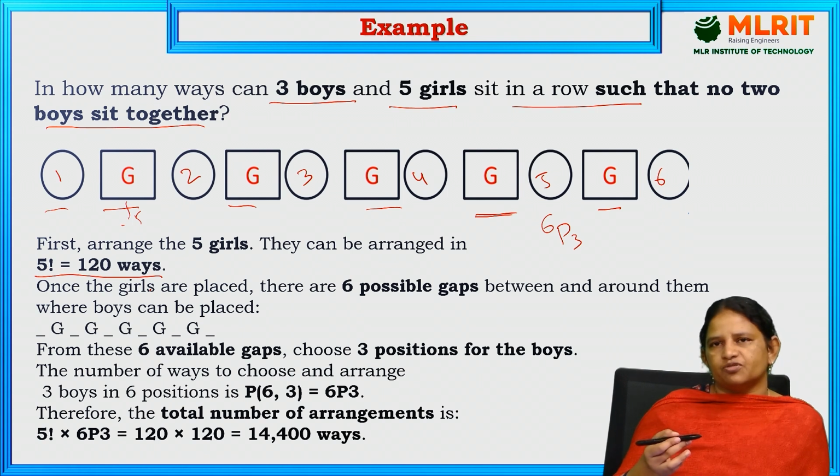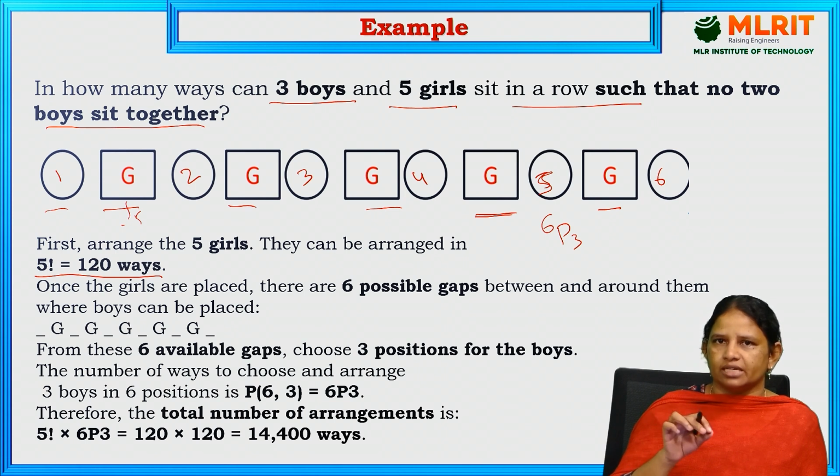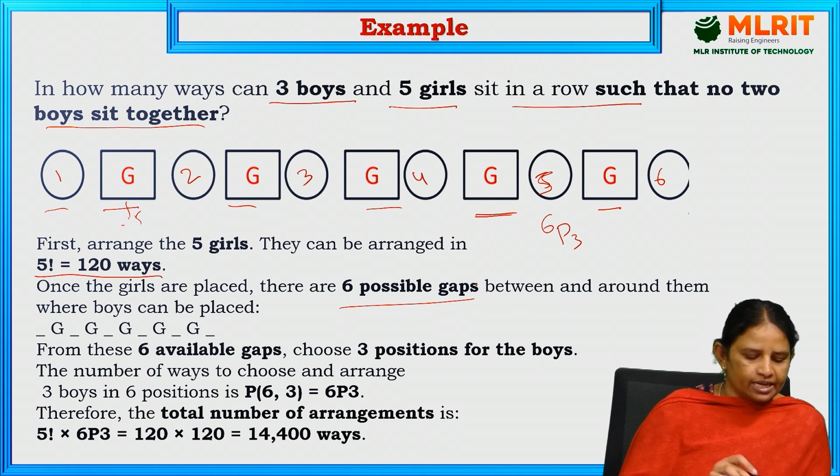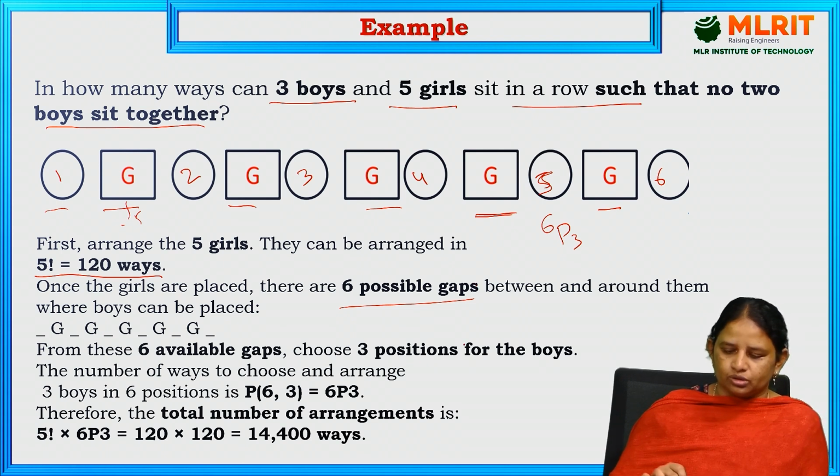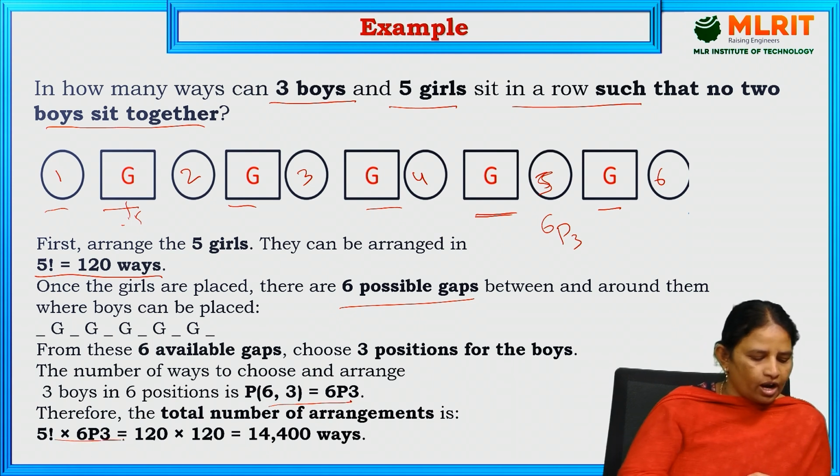How many ways for the boys? No 2 boys sit together, and there are 6 possible gaps between the girls, but we can arrange only 3 boys. So that is 6P3 ways. Total 5 factorial into 6P3.